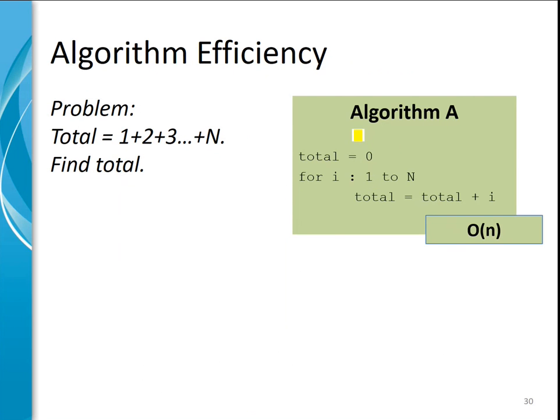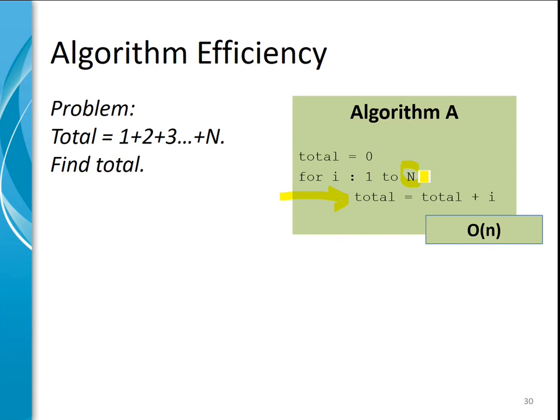For this simple algorithm A, you can see that the value of i is counting from 1 to n. For each value of i, it would go through this step, right?